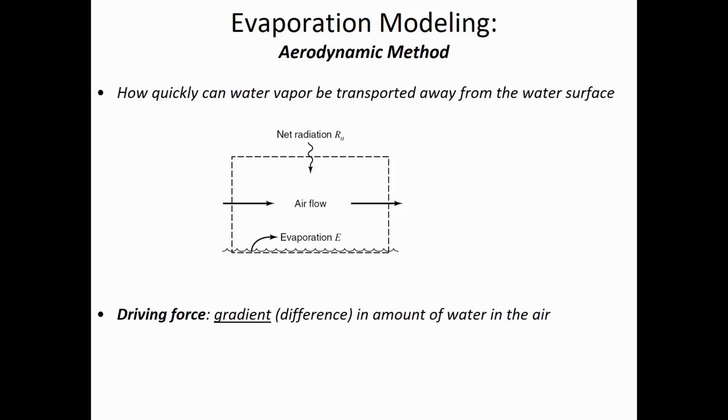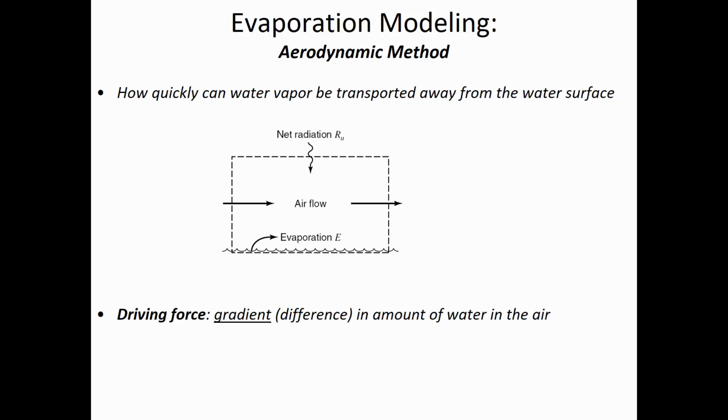Now, aerodynamic, it says, let's turn our attention away from energy balance for a moment, and let's just look at where that water is going to go once it vaporizes. Because if the air is fully saturated with moisture, then there won't be any place for the liquid water to exit the liquid phase and enter the gas phase.